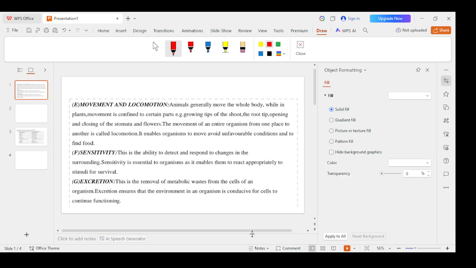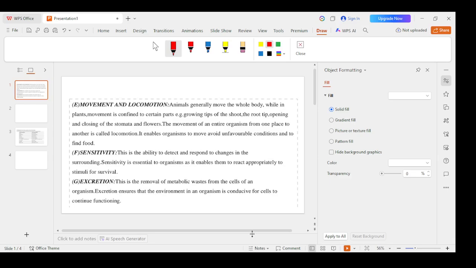That is movement. And locomotion is the type of movement that involves the whole organism from one place to another.